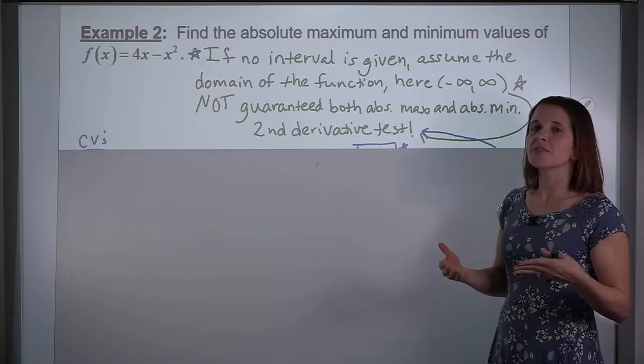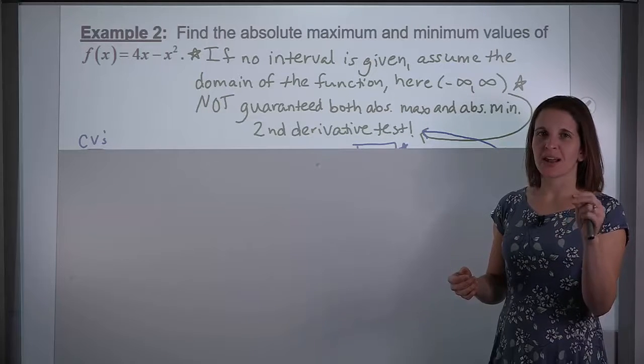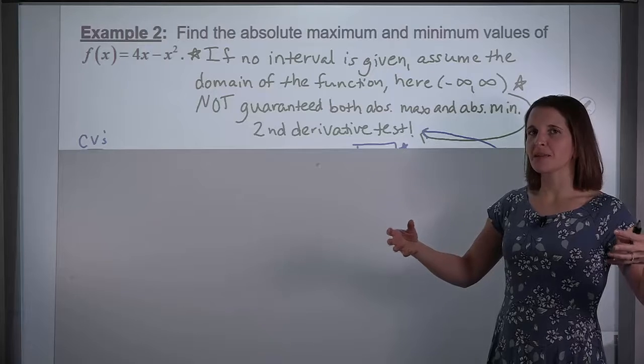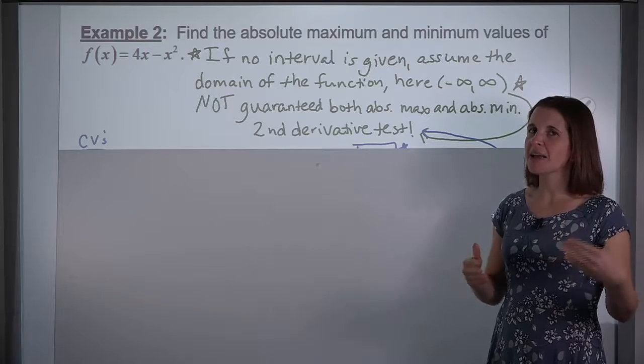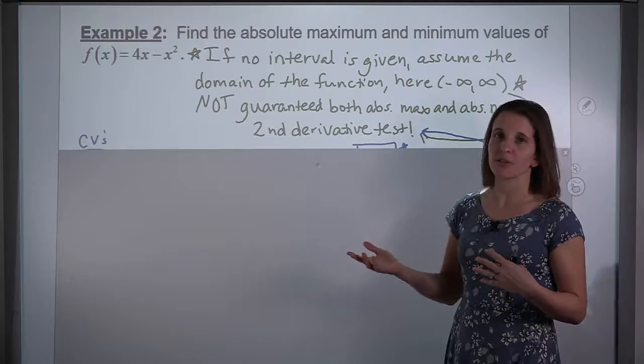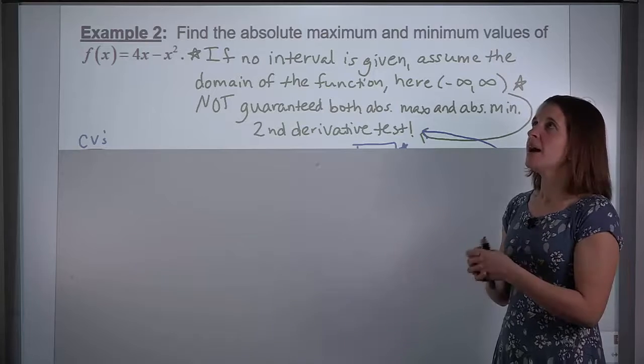So when it's not a closed interval, I can't compare the y value that I get when I plug a critical value in to the y value that I get when I plug in endpoints. And if I don't have anything to compare to, then that way is not going to work. So that's why I cannot use our other method when I have an open interval like negative infinity to infinity.